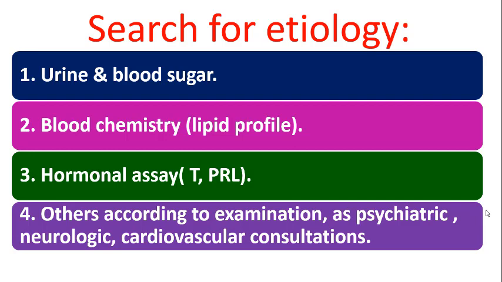Investigation to search for the etiology includes urine and blood sugar, lipid profile, and hormonal assay, mainly total testosterone and serum prolactin. You may also need to examine for psychiatric, neurological, and cardiovascular disorders, so psychiatric, neurological, and cardiovascular consultation may be needed.